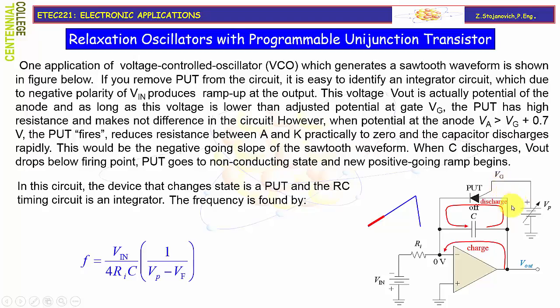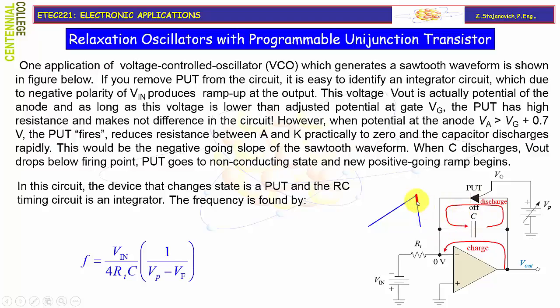However, when this potential, Vout, at the anode, Va, is higher than Vg plus 0.7, the PUT fires, or turns on, reduces the resistance between anode and cathode practically to zero, and then the capacitor discharges rapidly. This would be the negative-going slope of the sawtooth.